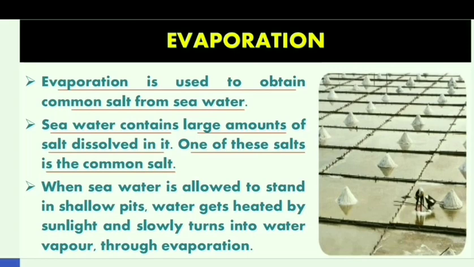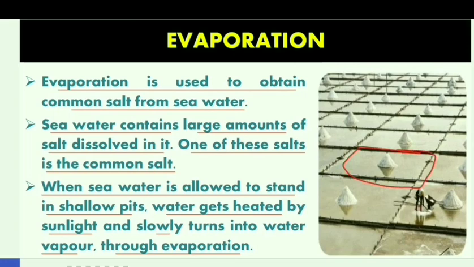Now let us see how the evaporation method separates salt from seawater. When seawater is allowed to stand in shallow pits, water gets heated by sunlight and slowly turns into water vapor through evaporation. These are the shallow pits.